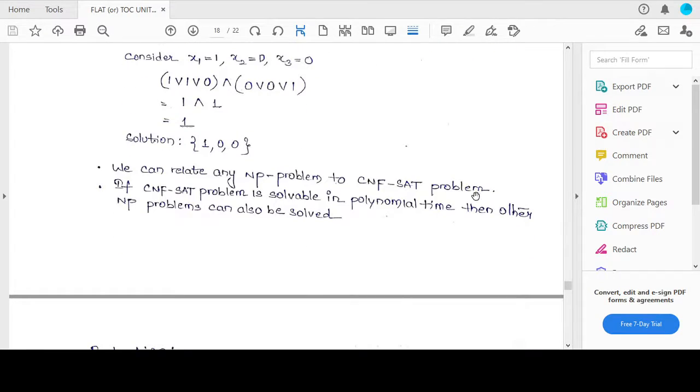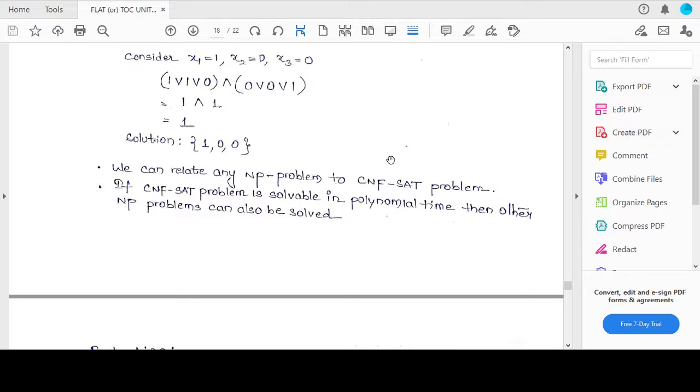Now we can relate any NP problem to the CNF satisfiability problem, right? So in order to solve any NP class problems or NP hard problems, what we can do here is that we can relate this problem with another NP hard problem, right?